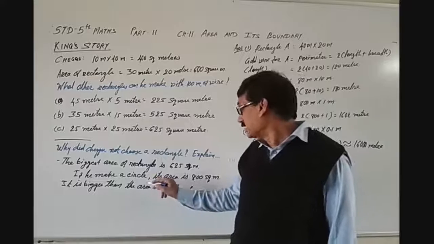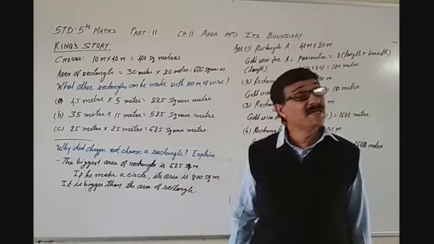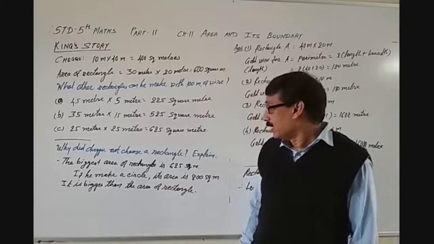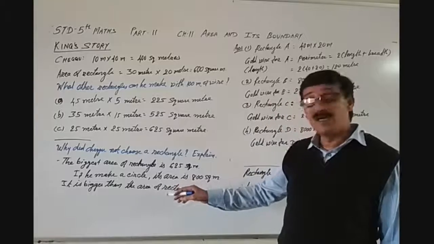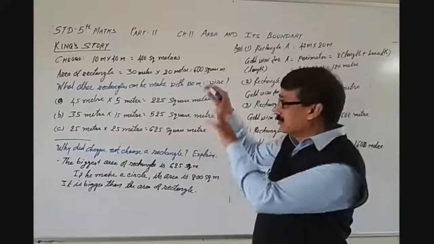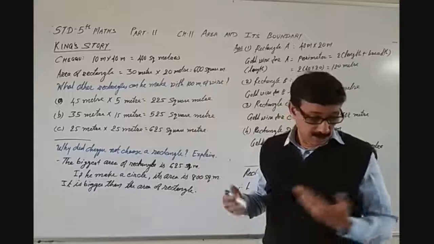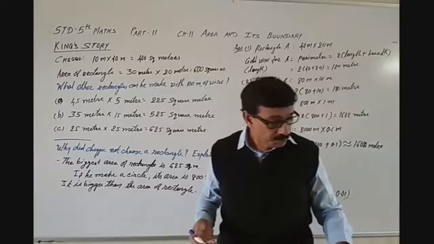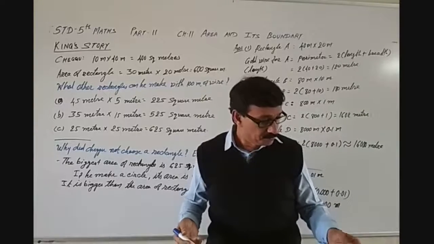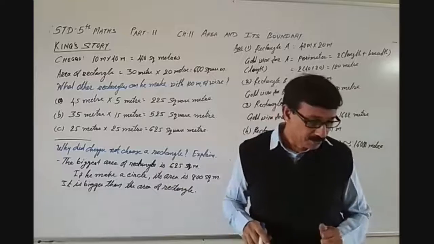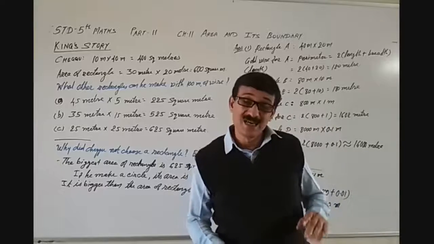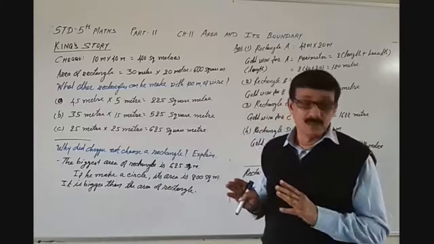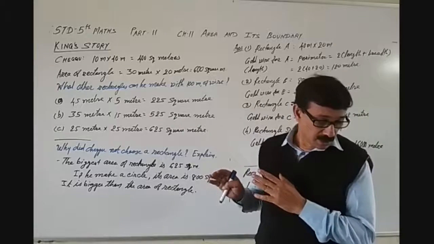If he makes a circle, it has an area of 800 square meters. It is bigger than all these rectangles. So it is better to go for this circle only, na? That is why Chegu did not choose a rectangle.